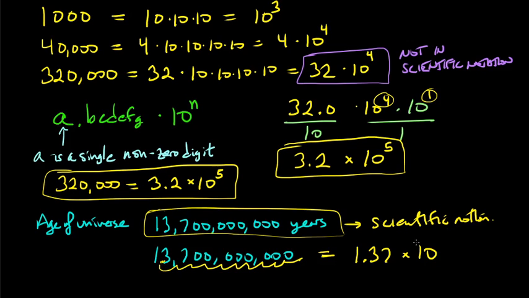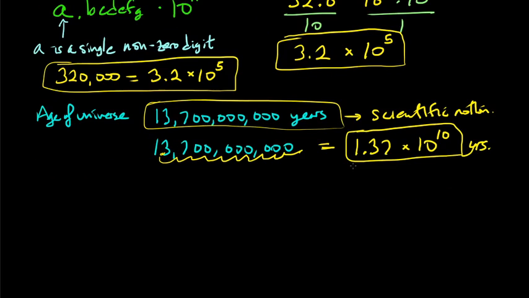So we move the decimal 10 spaces, 10 times. So this is going to be 1.37 times 10 to the 10. In years. That's the age of the universe in years. Okay? So again, that's just slightly more convenient than writing out 13,700,000,000.